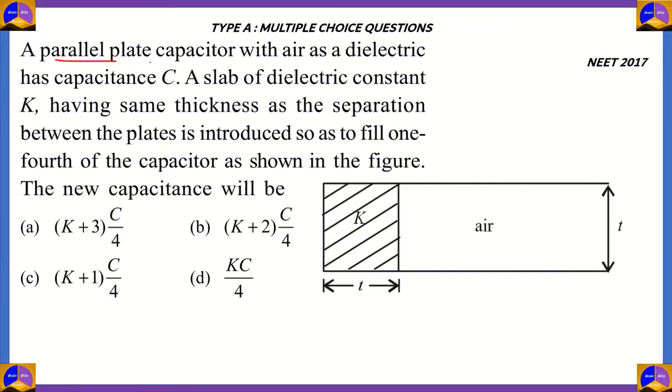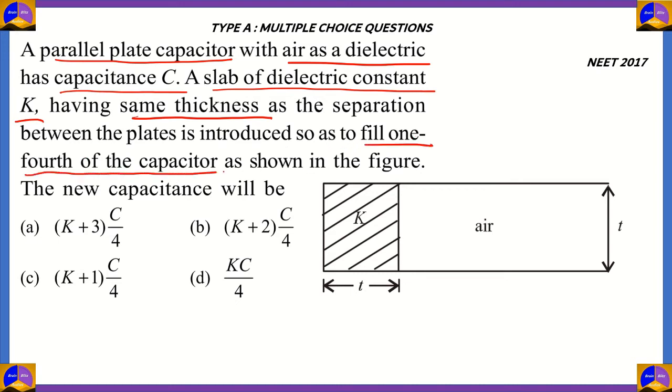A parallel plate capacitor with air as a dielectric has a capacitance C. A slab of dielectric constant K having the same thickness as the separation between the plates is introduced so as to fill 1/4 of the capacitor, as shown in this figure. So you need to find out the value of the new capacitance. So how do we solve this question?